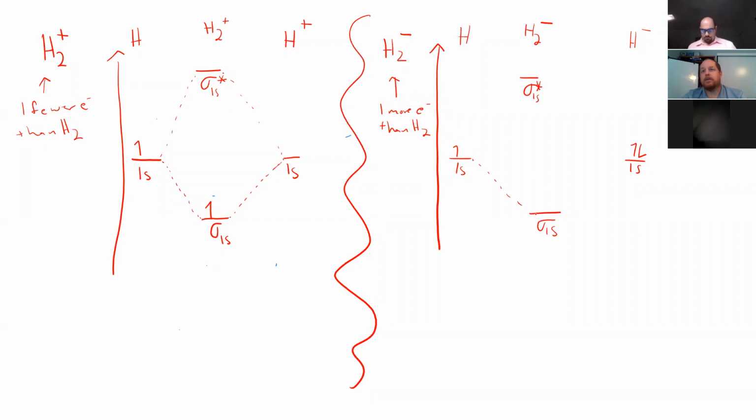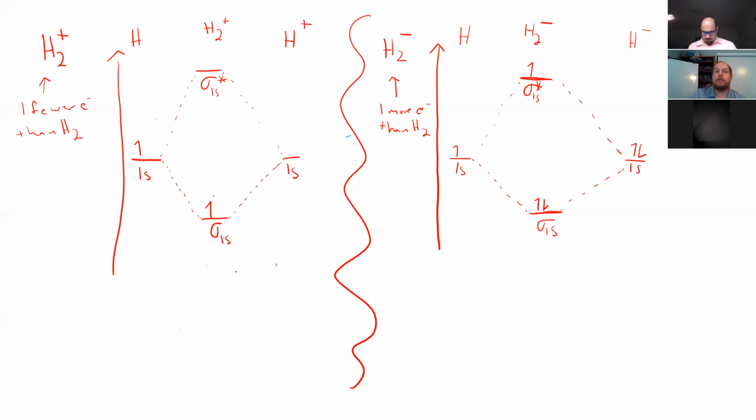And again, we're going to connect those in. Okay. And then we've got this sigma star orbital and a sigma orbital coming from the 1s. Now we have 3 electrons because we have a hydrogen atom and an H minus ion for the H2 minus. So we have 3 electrons. We go 1, 2, and 3. So now we have 3 electrons in there, and we've constructed our molecular orbital diagram for H2 minus.